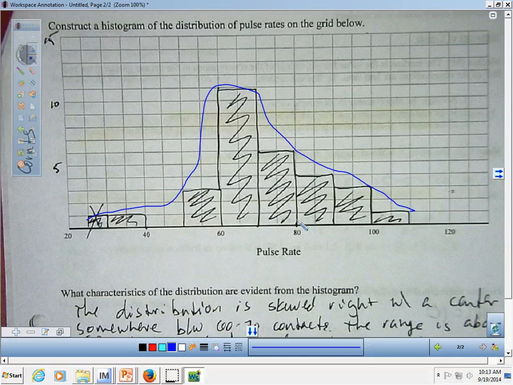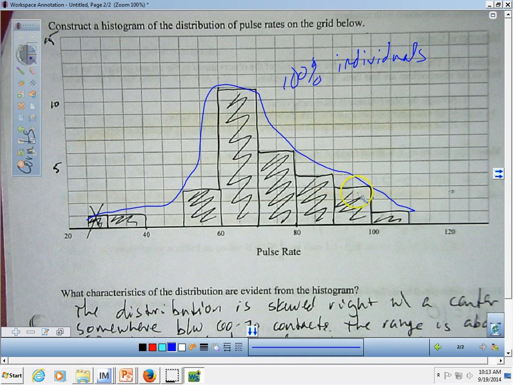So that might be the density curve for this histogram, and 100% of the observations are under this curve, right? 100% of the individuals are under here. The curve is above the x-axis.